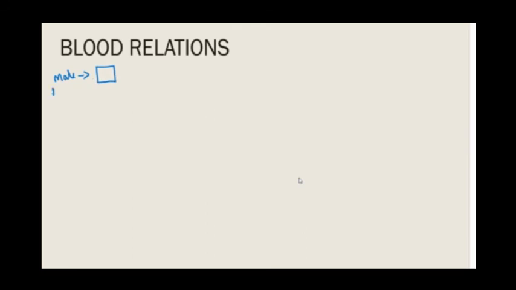Wherever I come across a female, I'll denote the female in a circle. Wherever I have a married relationship, I'll denote it with an equal sign. So this indicates these two are a pair.